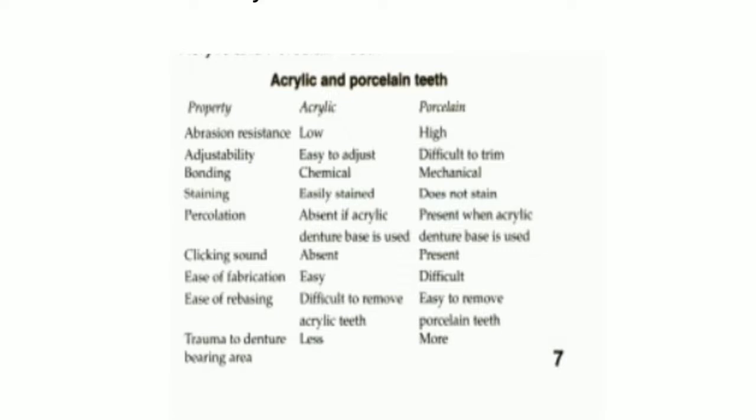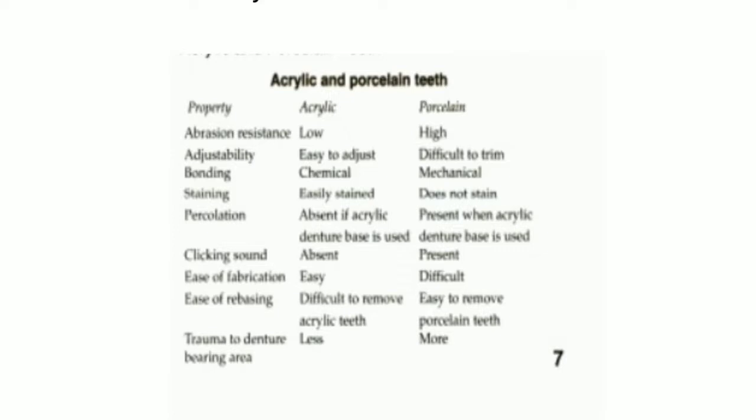Bonding is always chemical in acrylic and mechanical in porcelain. Staining: easily stained in acrylic but porcelain doesn't stain. Percolation is absent with acrylic teeth on an acrylic denture base but present in porcelain. Clicking sound is absent in acrylic and present in porcelain teeth.